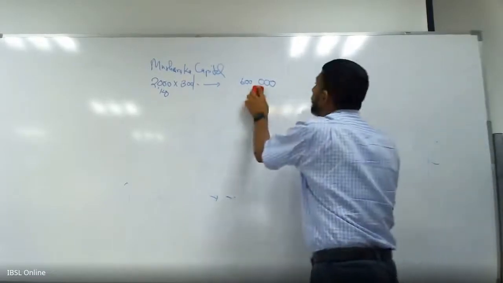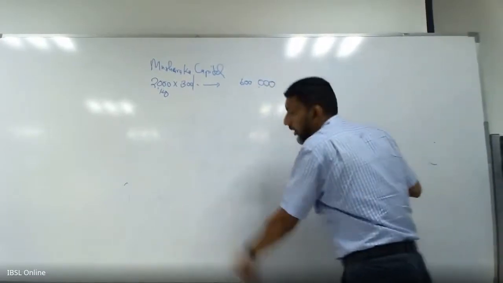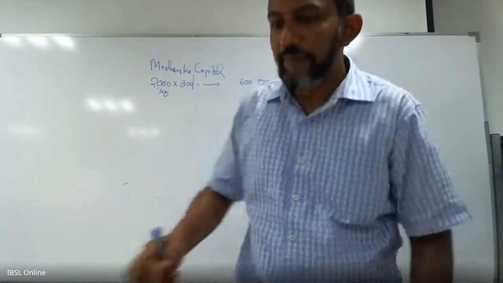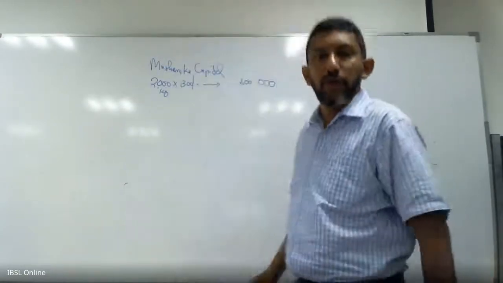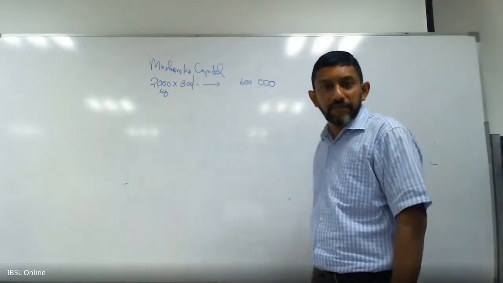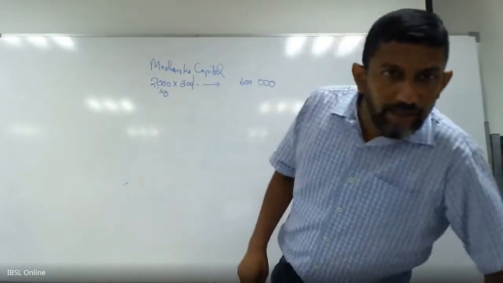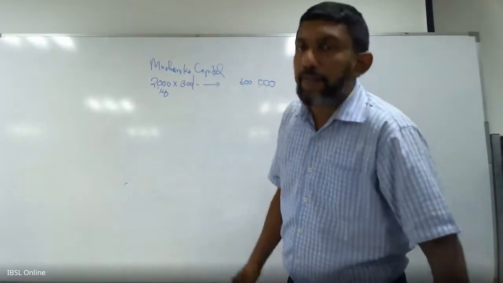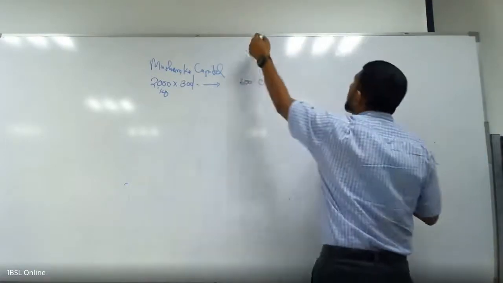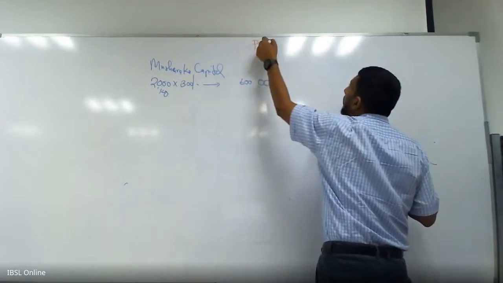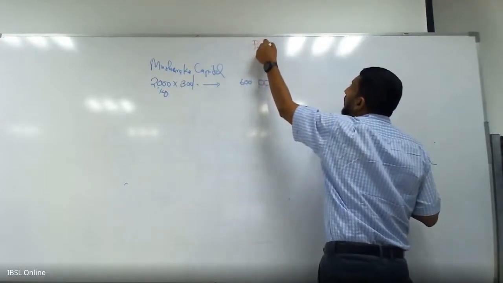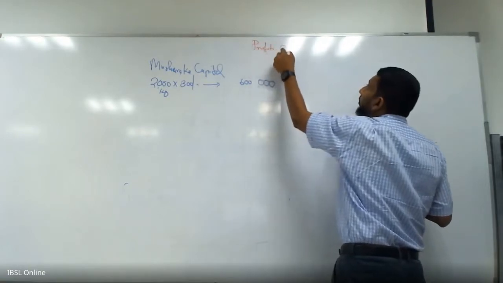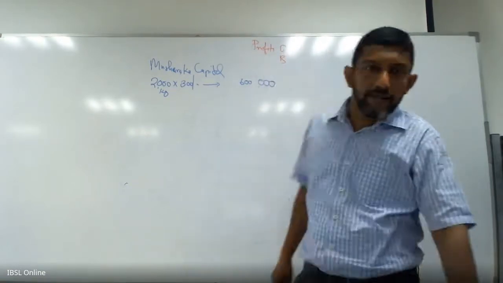Anybody who has already done this, can you tell me the answer? I will just note it down before we move on. What will be the profits due to the customer and the bank?